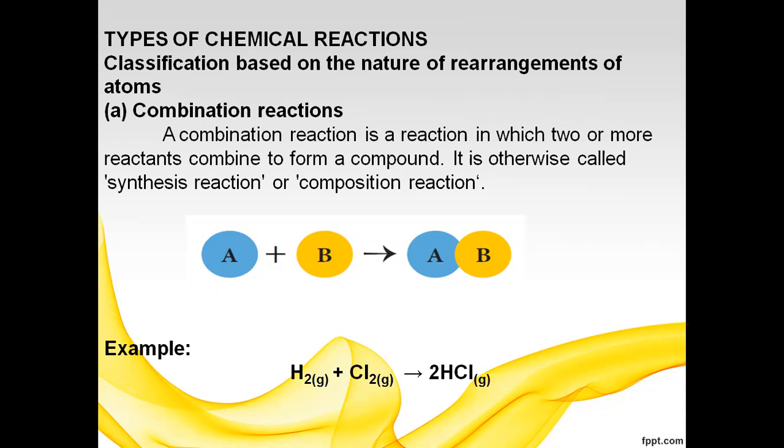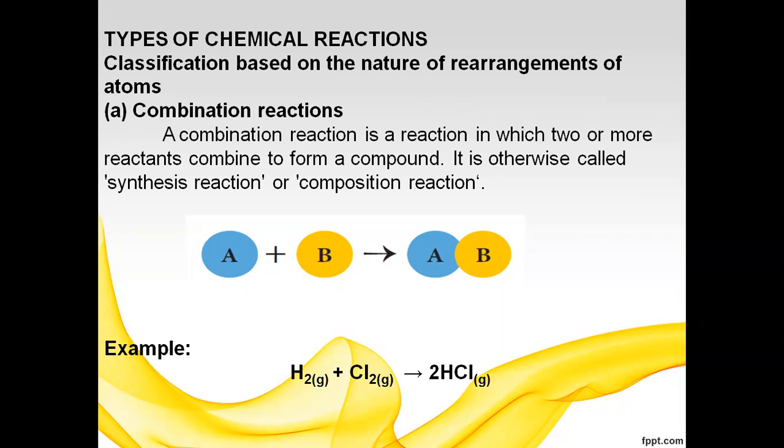There are five types of chemical reactions based on the nature of rearrangement of atoms, and two types based on the direction of the reactions. Totally seven types of chemical reactions.